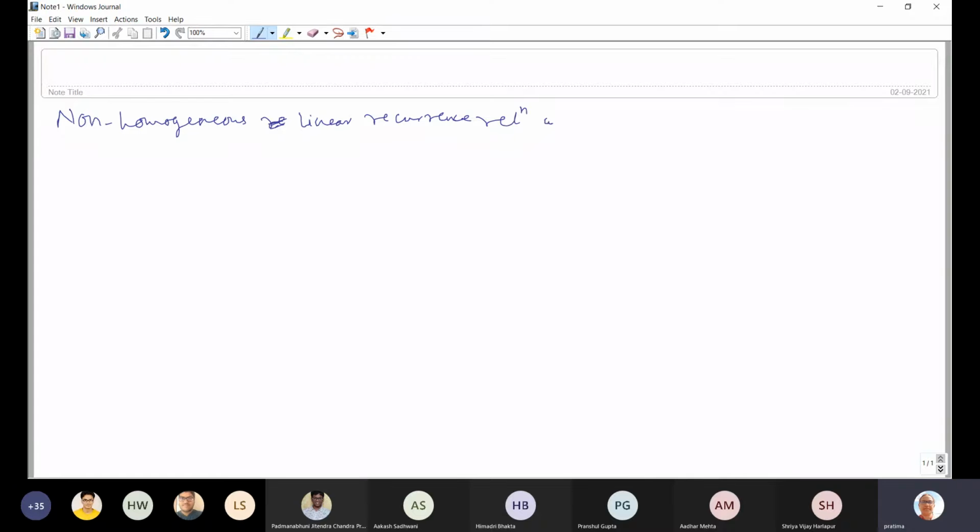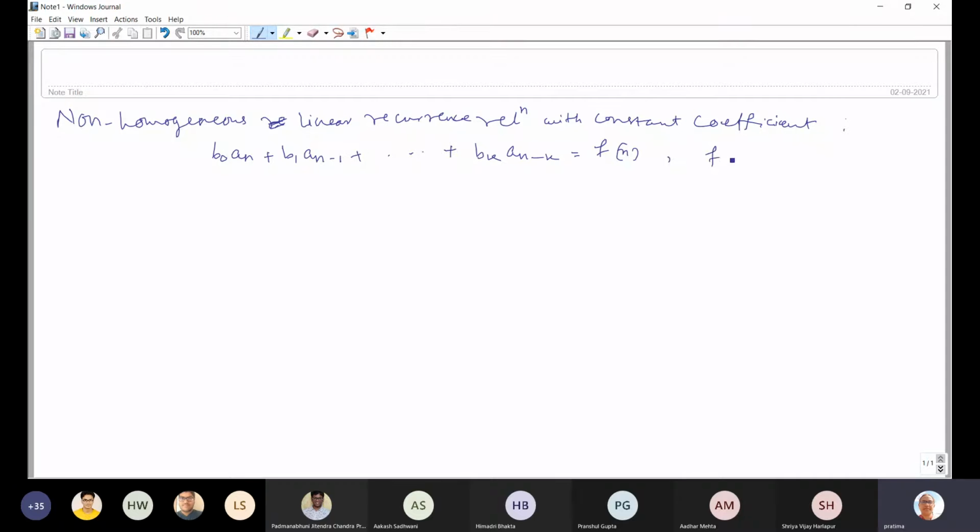This is of the form b0 a_n + b1 a_{n-1} + ... + bk a_{n-k} = f(n).